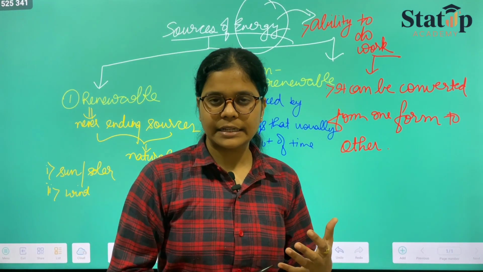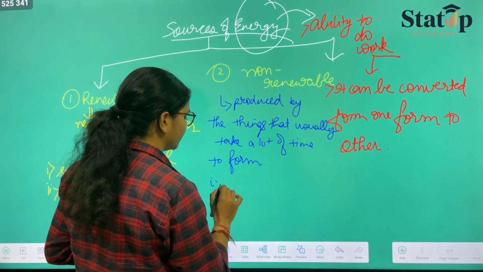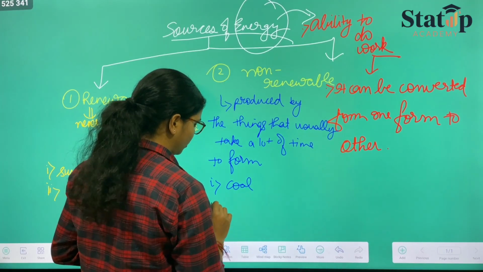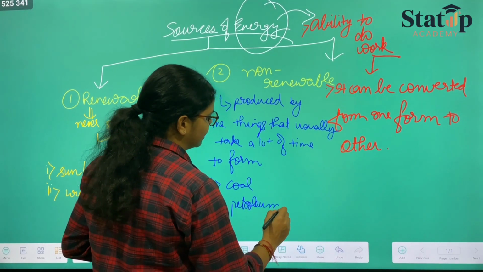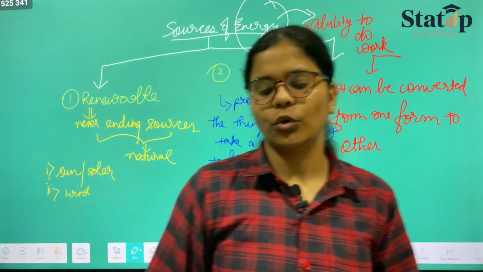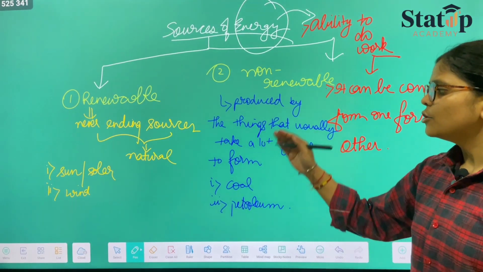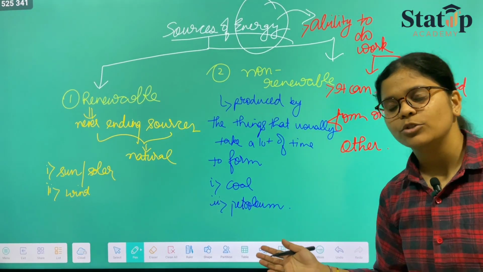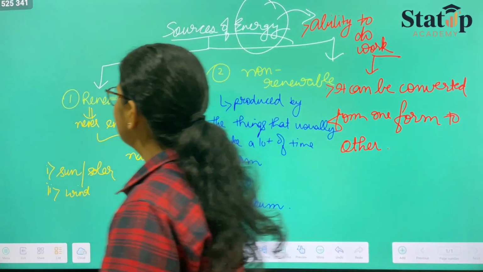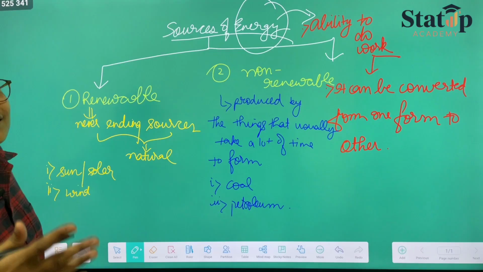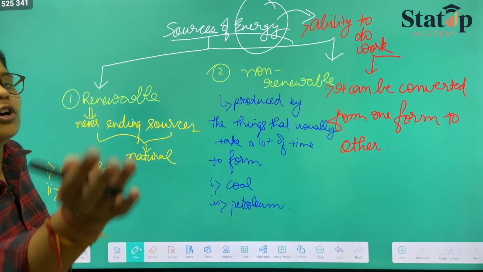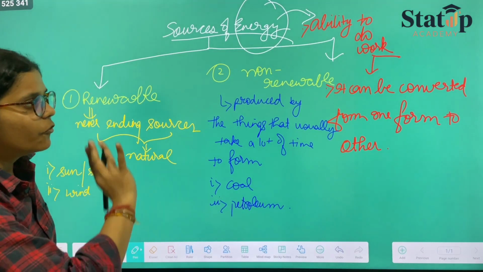Examples you must be knowing are coal, petroleum, natural gas, and so on. Like diesel, coal, petroleum, graphite, all these things. So these are non-renewable sources of energy. This is a basic thing that you must have studied in your class 6th, 7th, 8th, 9th and all. So we will not be going further deep.